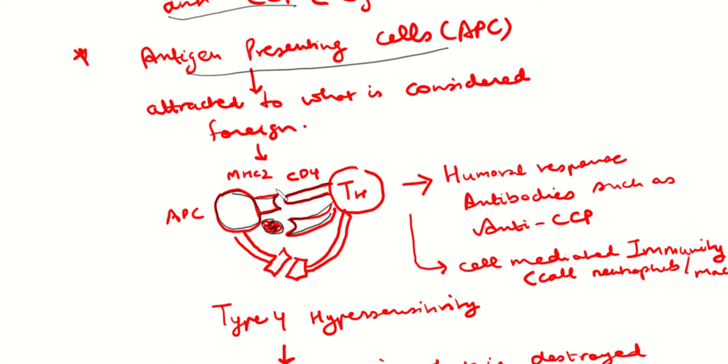Remember rules of 8. If you're not sure, look at the anatomy and physiology video for this. Okay. And then, of course, there's a co-stimulatory mechanism. And once this is locked and loaded, you get two responses. You get a humoral response, where you start to have antibodies, such as anti-CCP, come to pass.